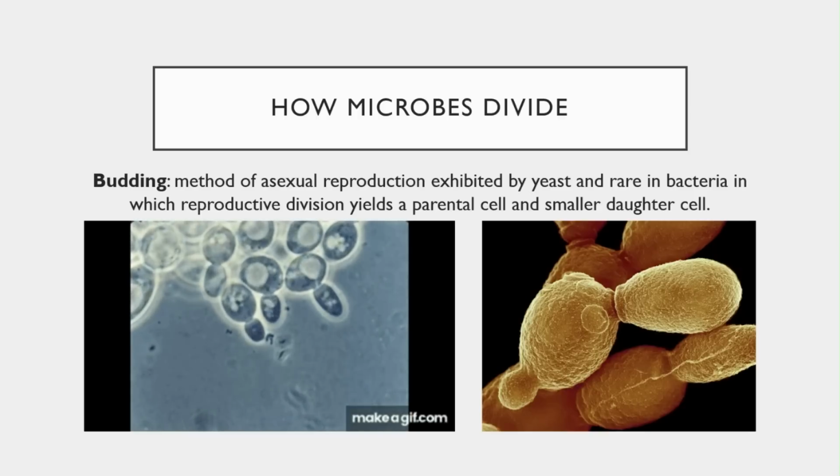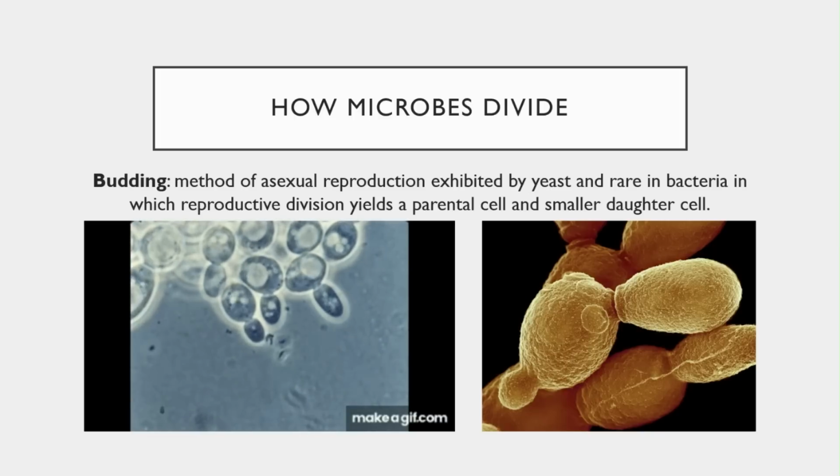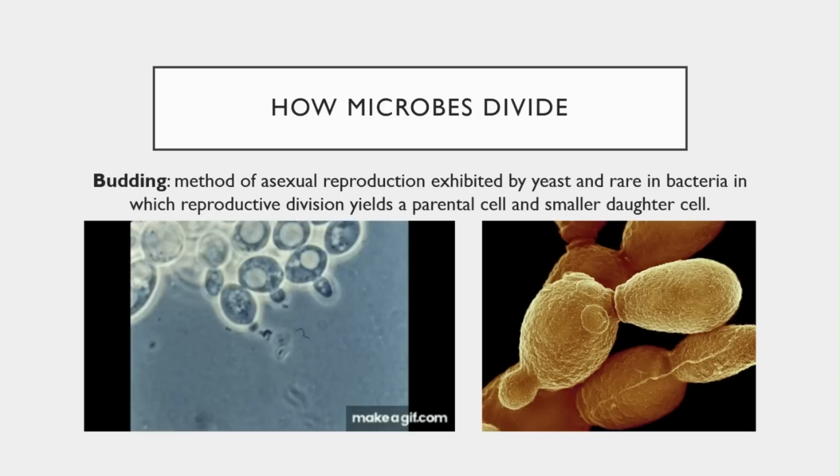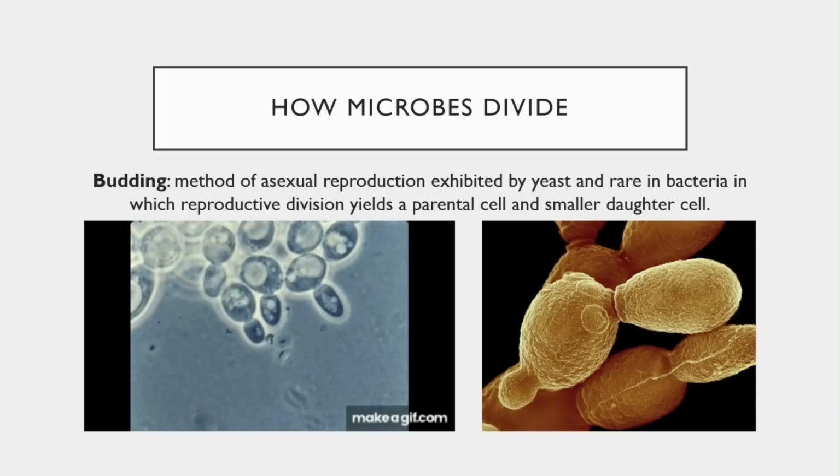Here we can see the parental cell on the right, and then a cell which is growing out of it, an outgrowth, which leads to budding off from the parental cell. Unlike binary fission, this does not create two equal cells. There remains a larger adult mother cell or parental cell and a much smaller daughter cell.